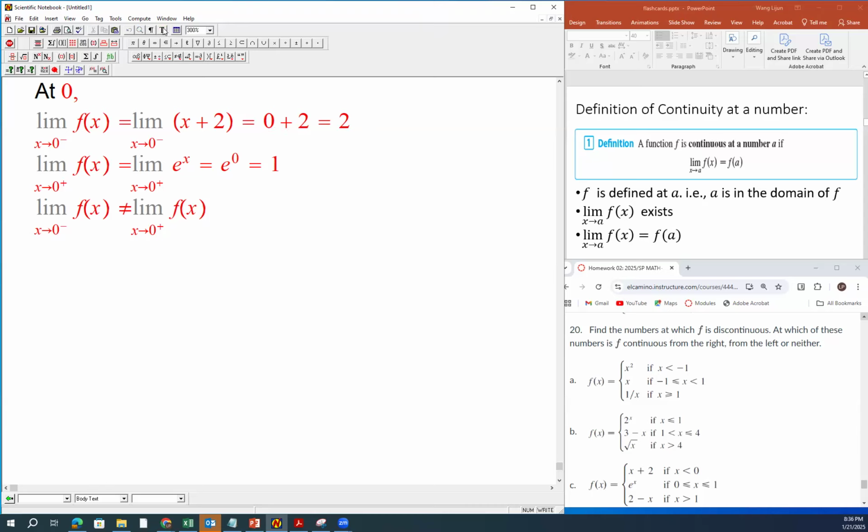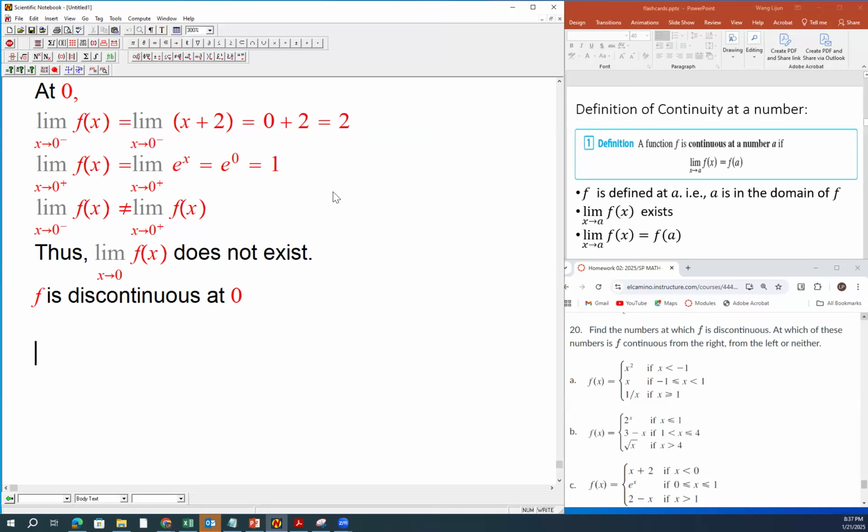And thus, the limit does not exist. The limit as x approaches 0 does not exist. So f is discontinuous at 0.